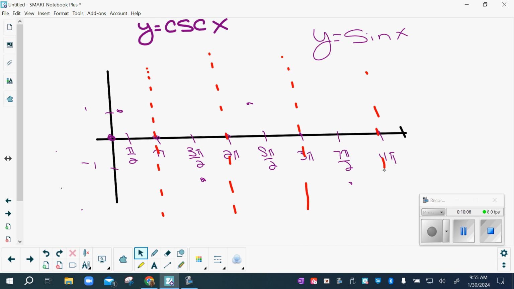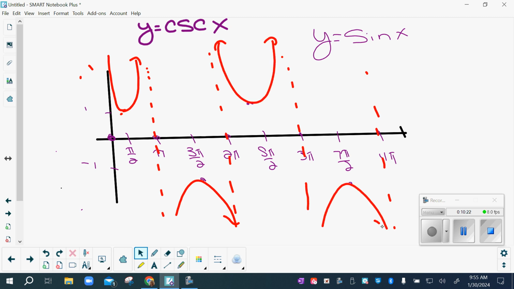All I know is where my asymptotes go, and then those I think of as my kiss points. So I kiss right here. Oops, he's actually right here. You kiss right there, and I kiss it right there, and right there. And guess what? I've just graphed cosecant.